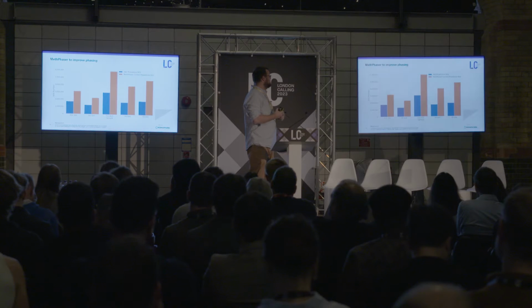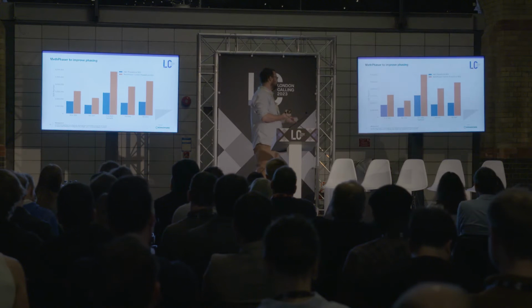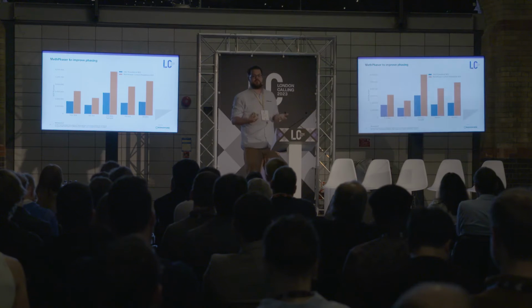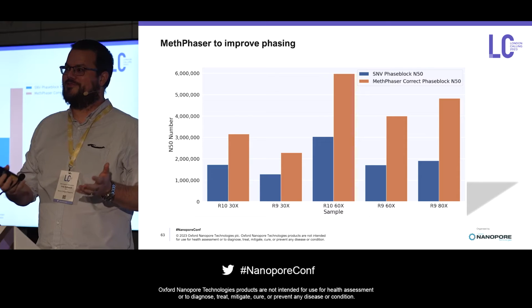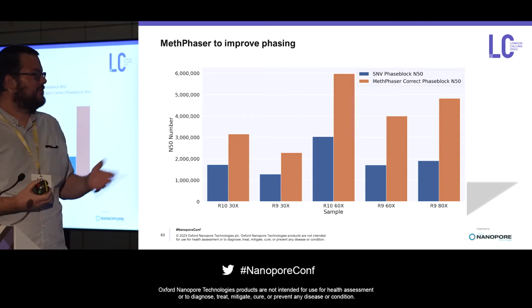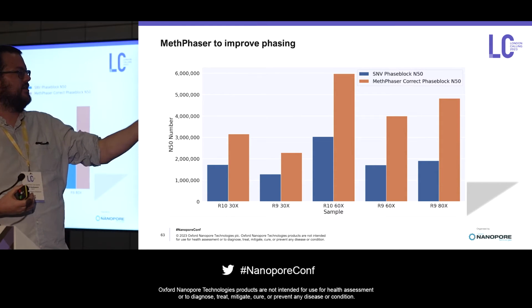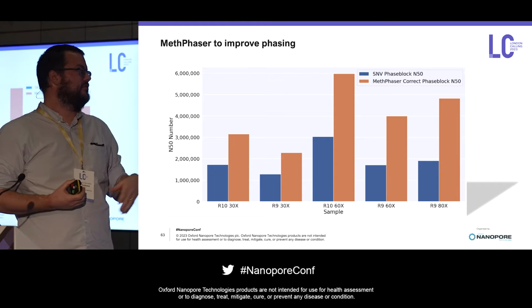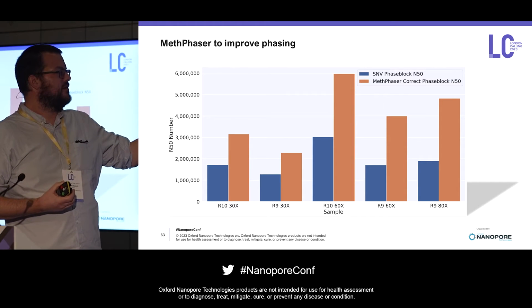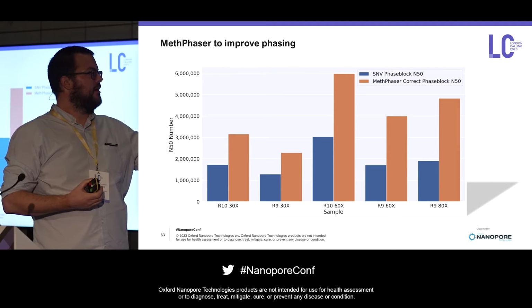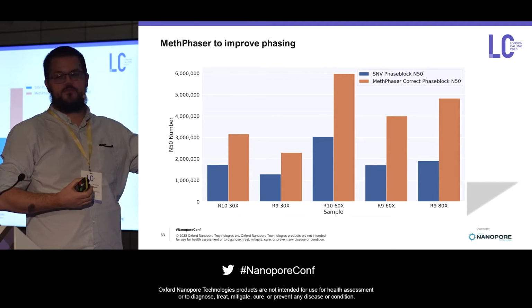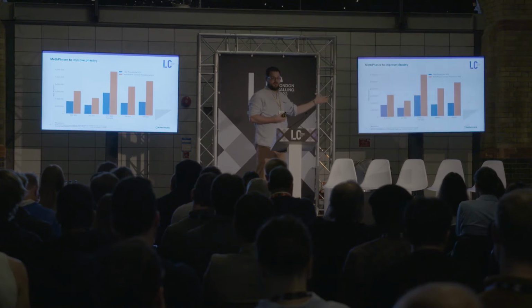It's all HG002, but some of them are R10s, some of them are R9s, because for us it was important that this method really works and not just on one particular flow cell model. And also at different coverage, so 30x, 60x, as well as 80x. You can see that the coverage per se is not that much impacting, but the initial ability to phase SNPs based on the read length is really the driving factor.